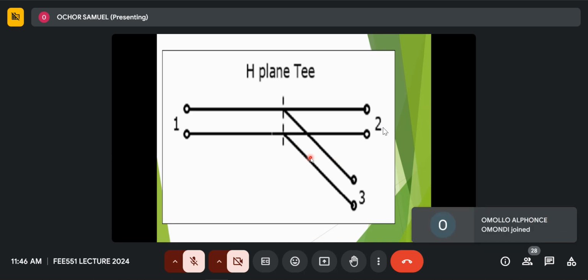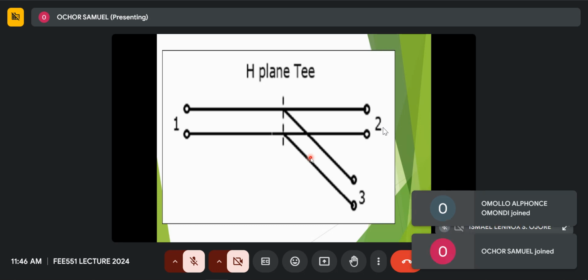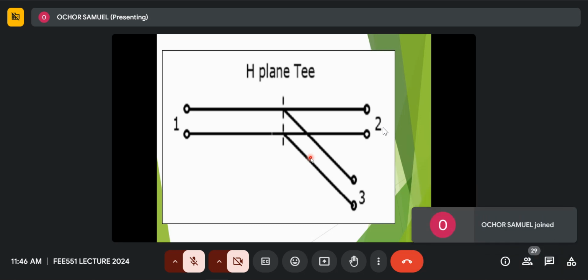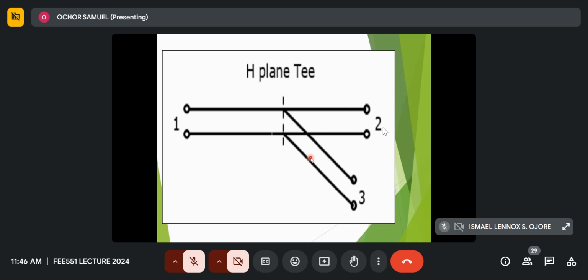But in the E-plane, we said that if port 3 is used as the input, port 1 and 2 will be the outputs, and there will be a 180 degree phase shift. Now in the H-plane, there is no 180 degree phase shift. So if you use port 3 as the input, you get an output at port 1 and port 2, and they are equal and in phase.